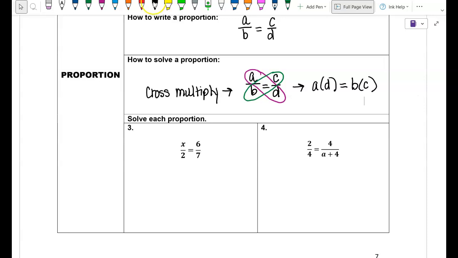So number 3 here, I have x over 2 equals 6 over 7, so I'm going to look at one diagonal. And it doesn't matter which diagonal you do first. So I have 7 times x equals, look at the other diagonal, 2 times 6.